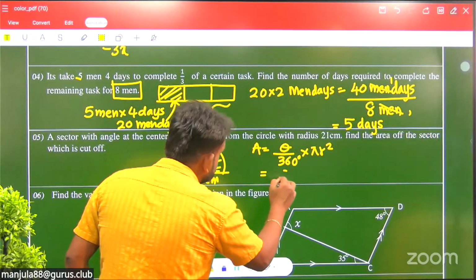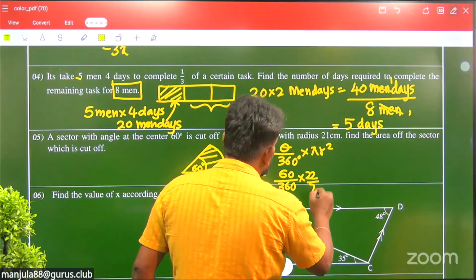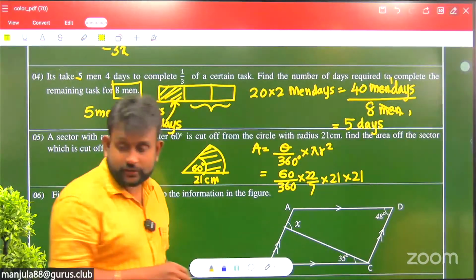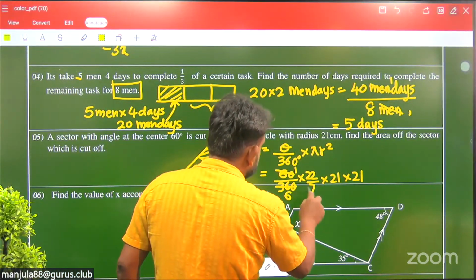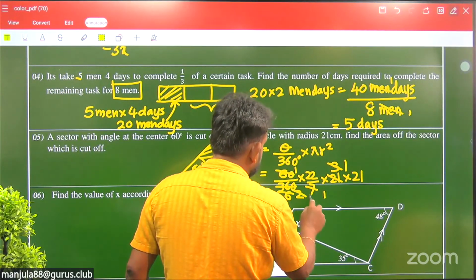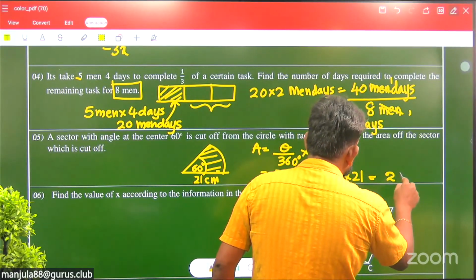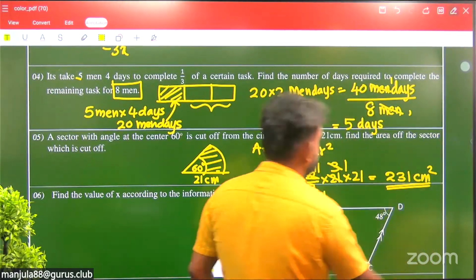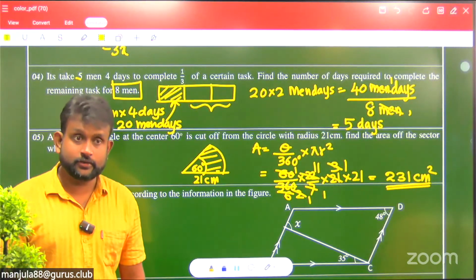Theta is 60, so 60 upon 360 into pi r squared, with r as 21 into 21. Simplifying, 11 into 21 comes as 231. What is the unit? Square centimeters. 231 square centimeters.